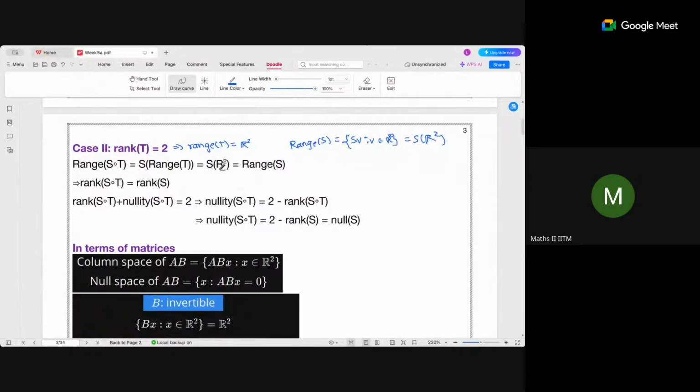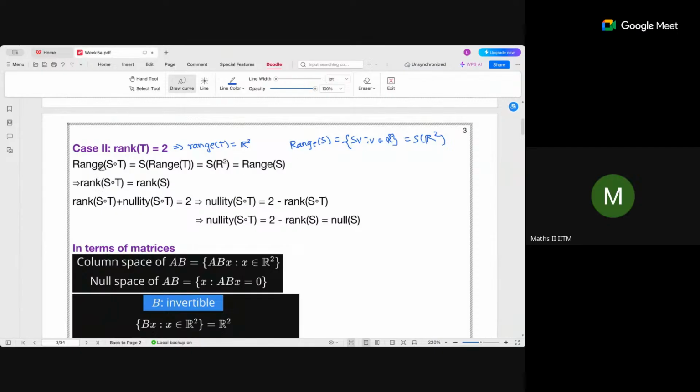So it is just some simple rearrangement. We can see that when range of T is R2, that is rank of T is 2, range of S composition T is same as range of S. Can you see that? Yes or no? Okay.